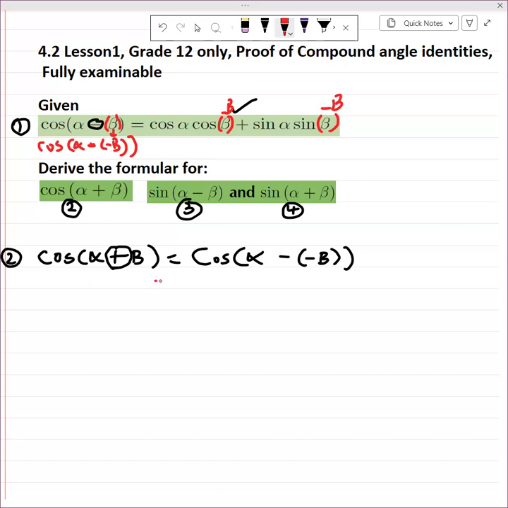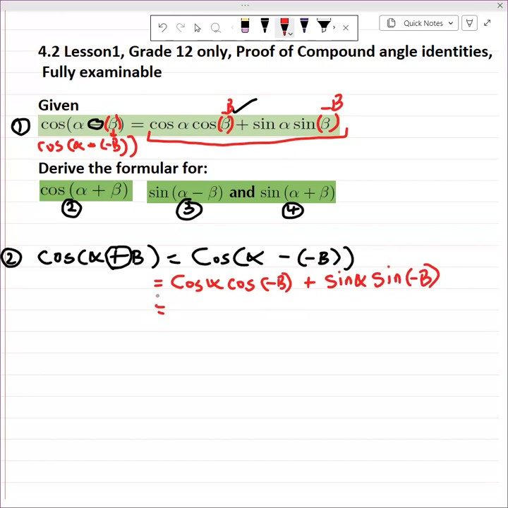Perfect. So we're going to rewrite this: cos alpha, then cos negative beta, plus sine of alpha, and then sine of negative beta. Then we need to do reduction now.